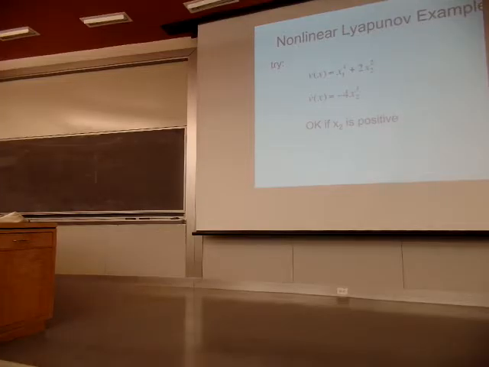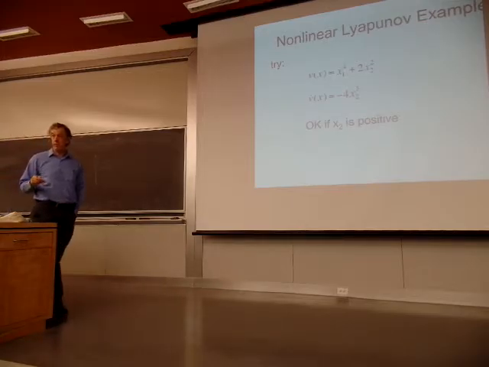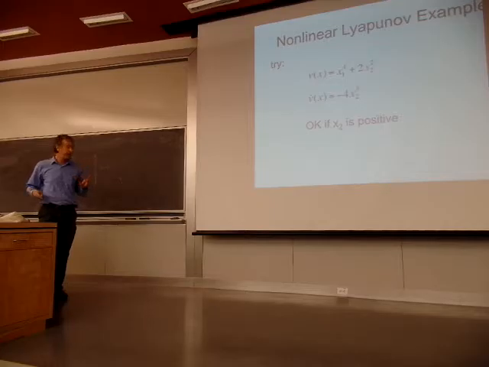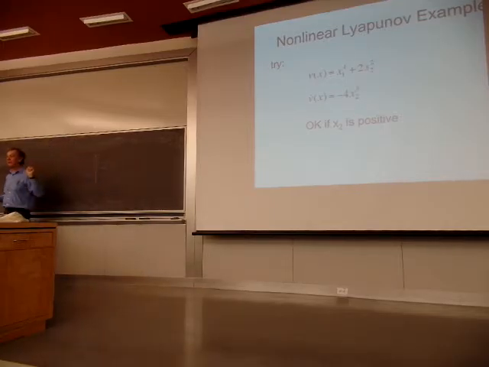And that's very typical of nonlinear systems. There are regions of stability and regions of instability. Now, for a linear system, if I've shown stability, is it stable for the entire space? And x1, x2 is the space.